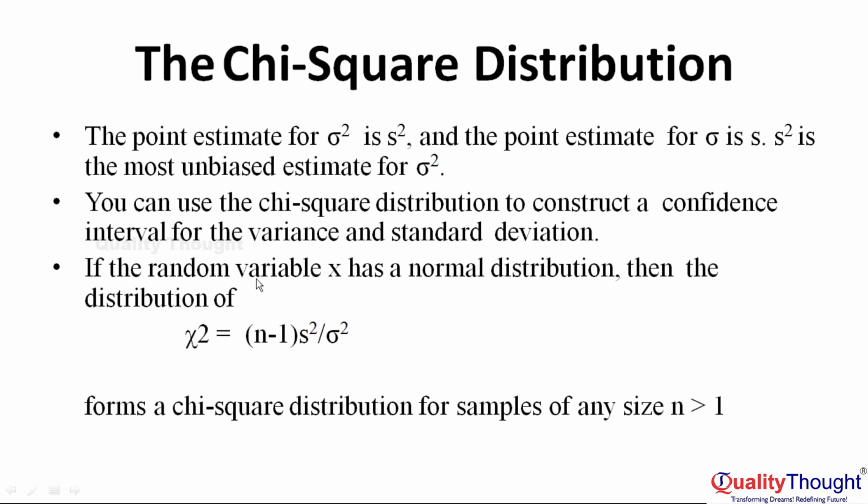If the random variable x has a normal distribution, then the distribution of chi-square is equal to n minus 1 into s square, the point estimate, divided by sigma square. Got it?